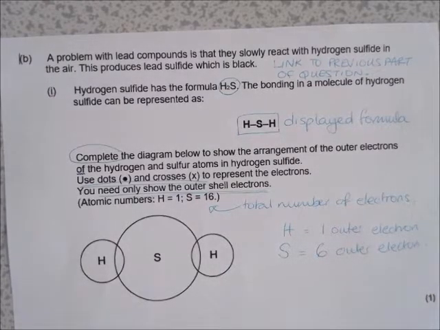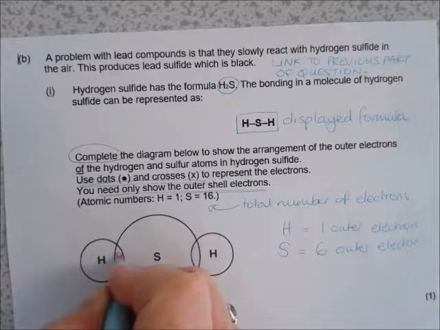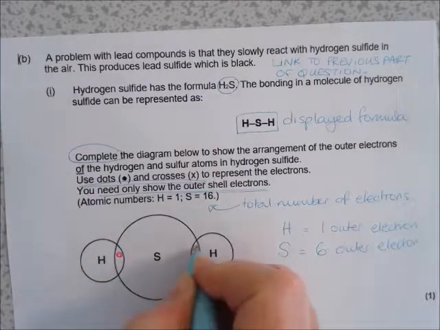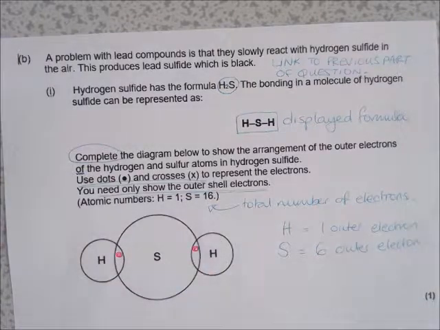So now we know this, we have to start drawing. We need to decide which is going to have dots, which is going to have crosses. Just because I've decided to do it that way, I'm going to do a dot for each hydrogen and crosses for the sulfur.